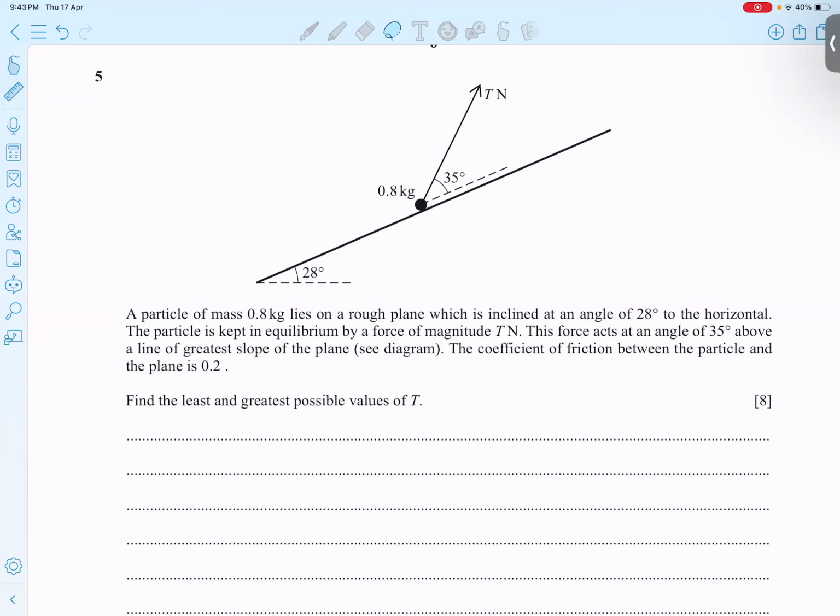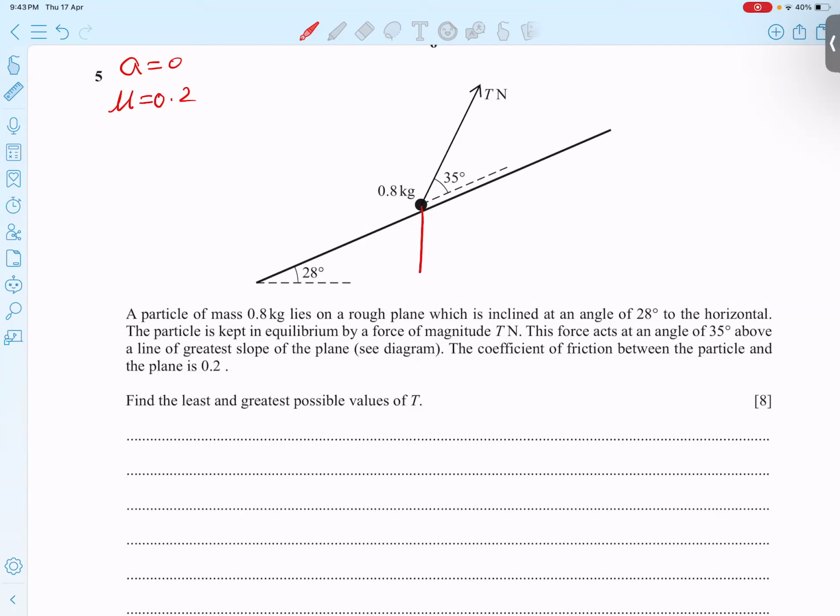Question number 5, we have mass 0.8. Okay, students, and mention here 28 degrees. We can see an equilibrium. So equilibrium means acceleration is equal to 0. And we are further given the coefficient of friction, 0.2. So mu is equal to 0.2. So students, first of all, make a component breaking.